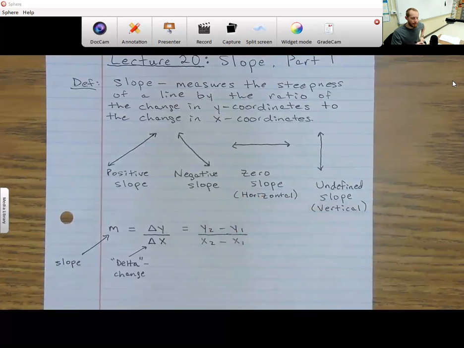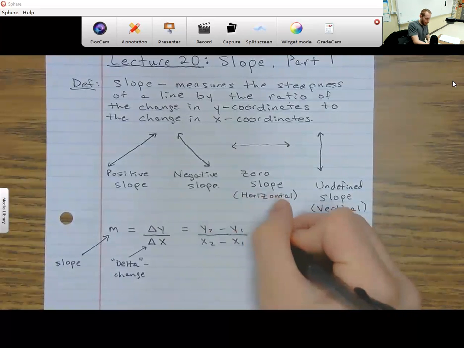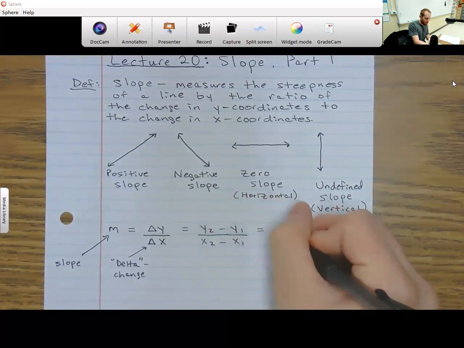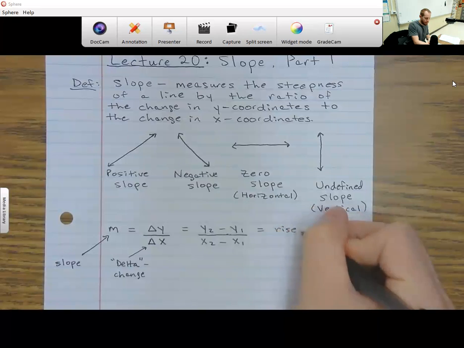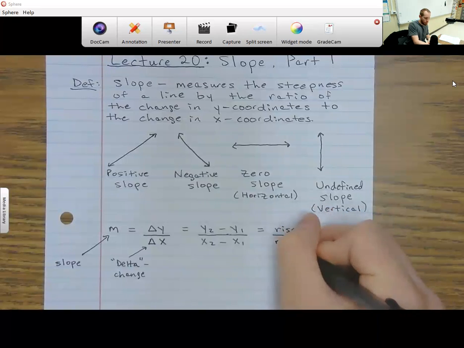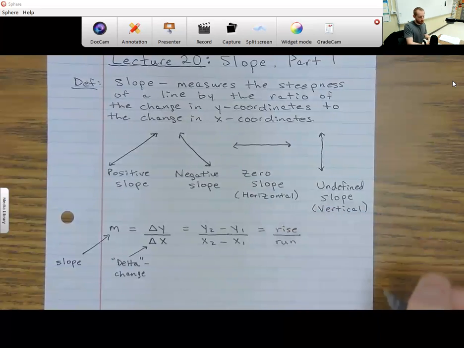And we can also think about this as rise over run, right? The rise is just going to be the change in y coordinates, but the run is going to be the change in x coordinates.